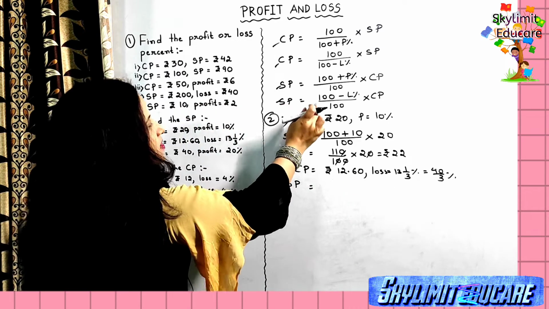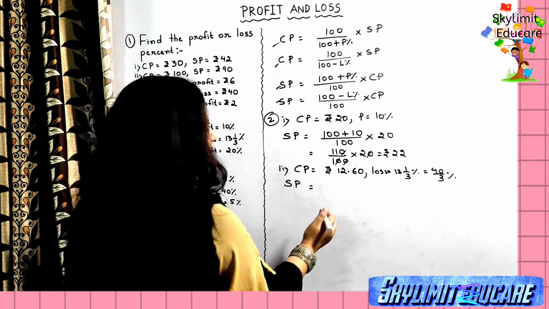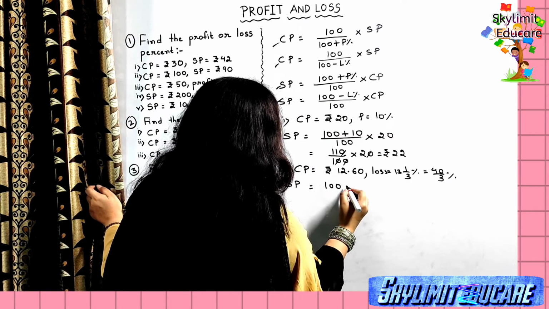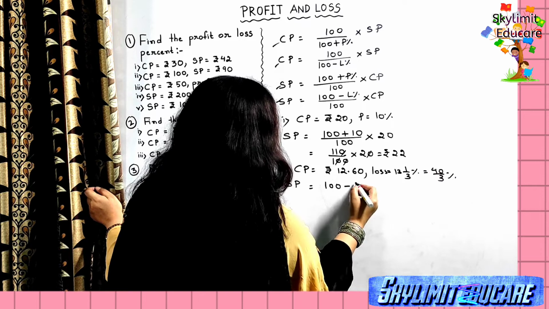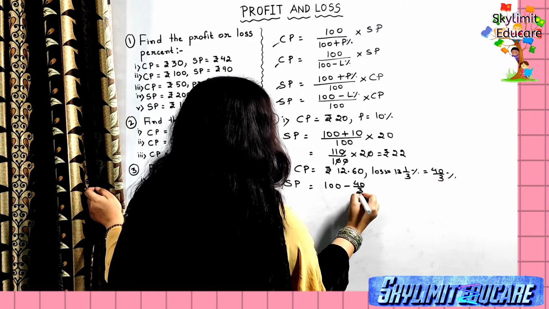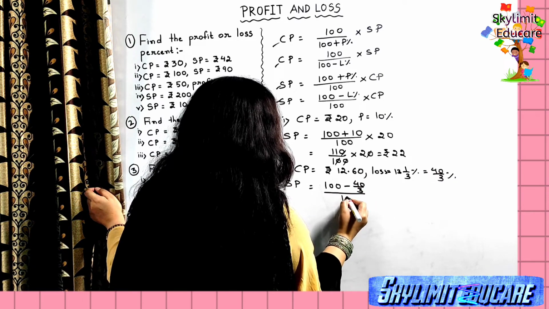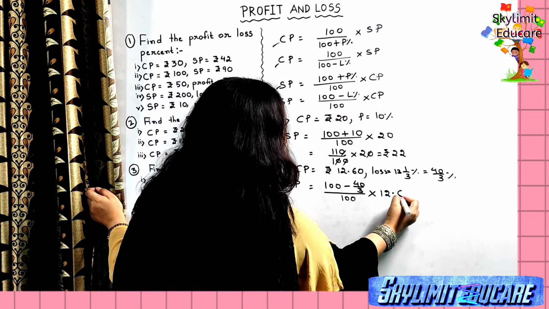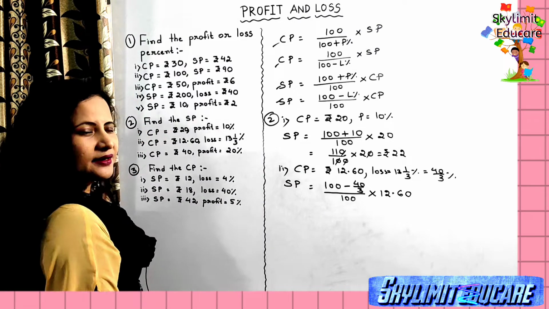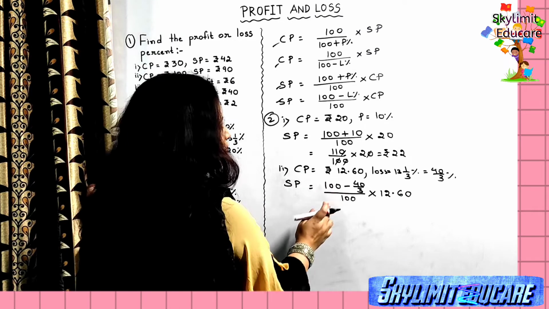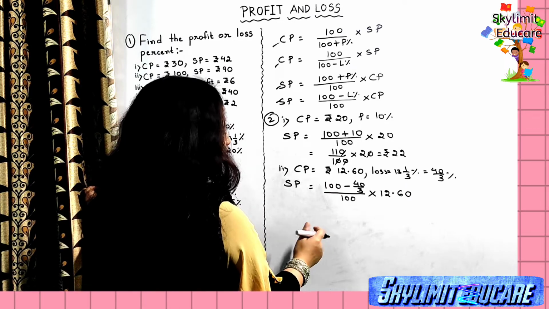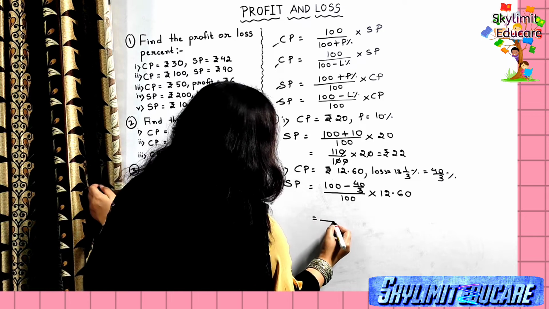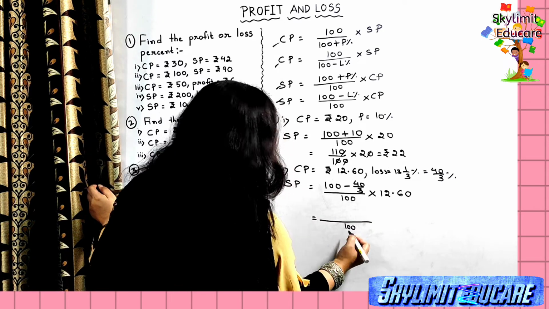SP when you have a loss is 100 minus the loss percent, 40 by 3, whole divided by 100 multiplied to CP. CP is 12.60. Clear? Now let's solve the numerator, because in the numerator you have 100 minus 40 by 3, and in the denominator you have 100.